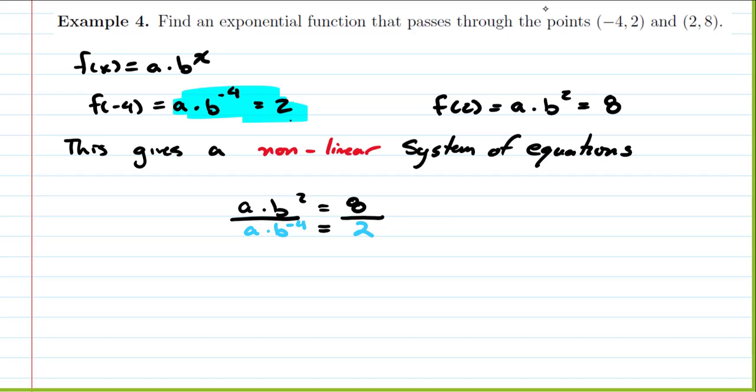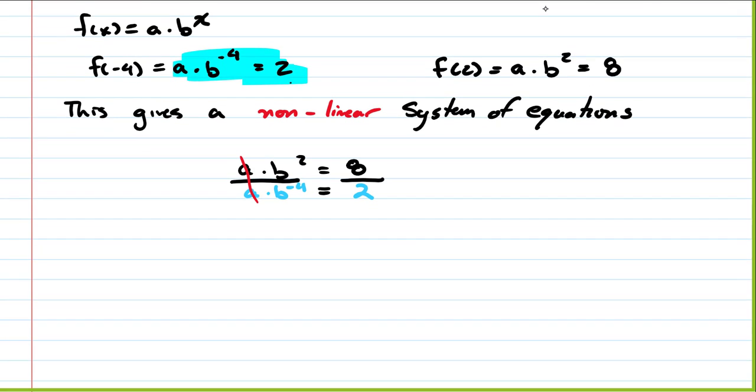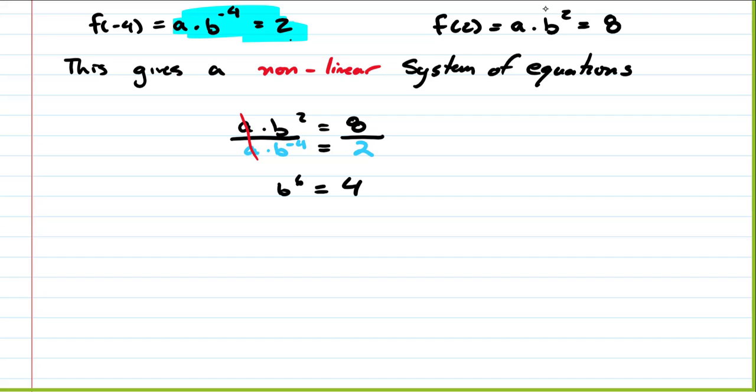And what will always happen is the a's reduce out. b squared divided by b to the -4th. When we divide two things with the same base, we subtract their exponents. So 2 minus -4 gives me b to the 6th is equal to 8 divided by 2 is 4. So then solving, we take the sixth root of both sides, and we get b is equal to the sixth root of 4.